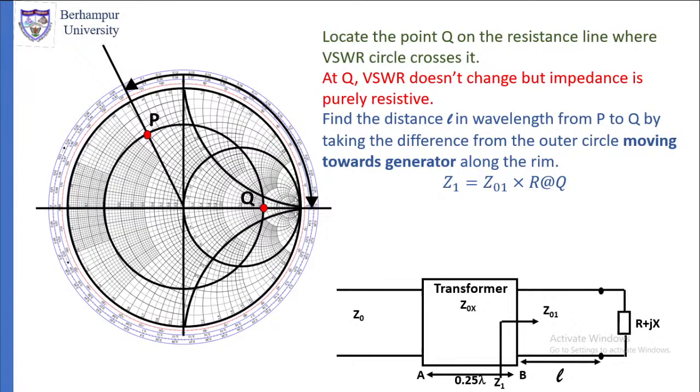Now you can see that there is an arc outside the Smith chart. You can see there is an arc with 2 arrows on both the ends, which is from the line passing through point P to the horizontal line. Between them there is an arc.